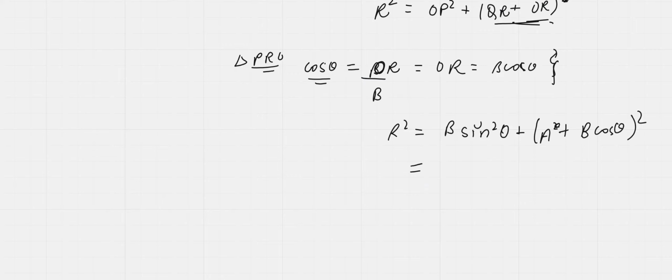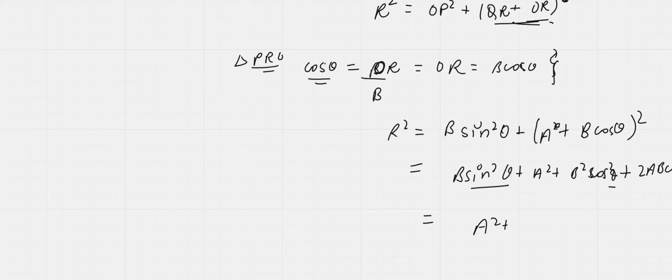If you solve this one, what you are going to get? B square sine square theta plus A square plus B square cos square theta plus 2AB cos theta. You can see sine square theta plus cos square theta will come out as 1 itself. This situation is very important. We'll be working with it everywhere. Plus 2 times of AB of cos of theta.